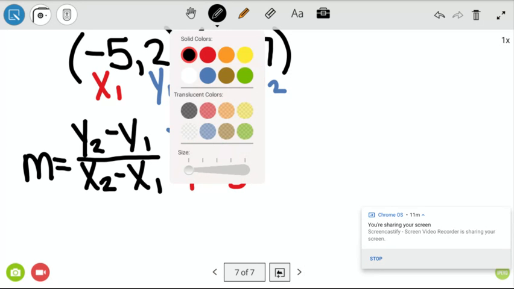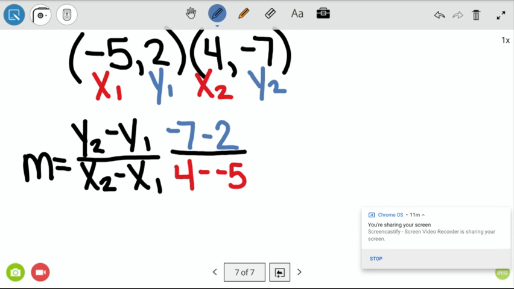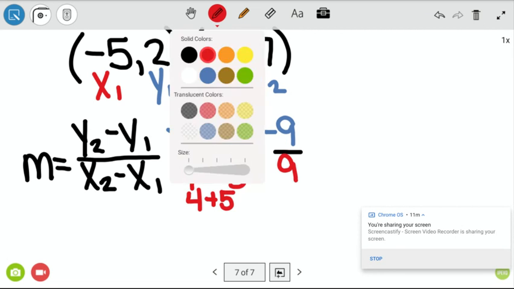So we now can add those. -7 minus 2 becomes -9 over. Now when you have 4 minus -5, remember, that's really 4 plus 5, so that turns into a +9.